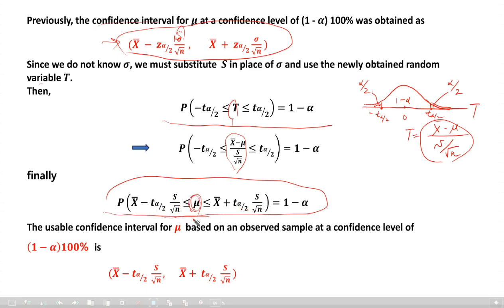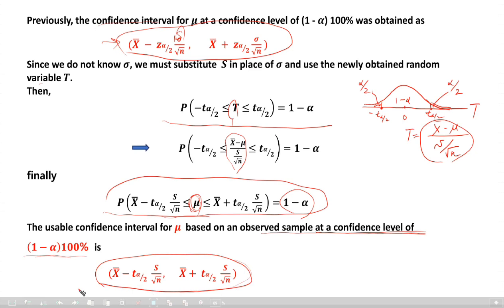In that range, the probability that mu lies in the range is 1 minus alpha. It is the confidence level 1 minus alpha. At confidence level 1 minus alpha, the confidence interval is this, as before. So we can use this confidence interval for mu in practice.